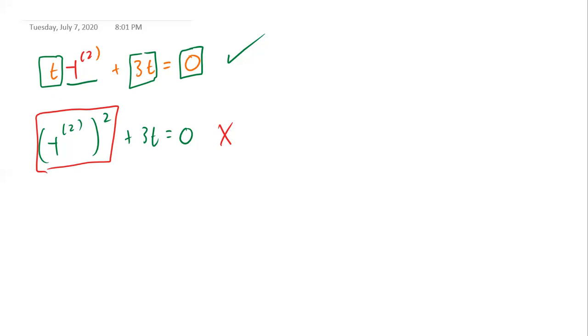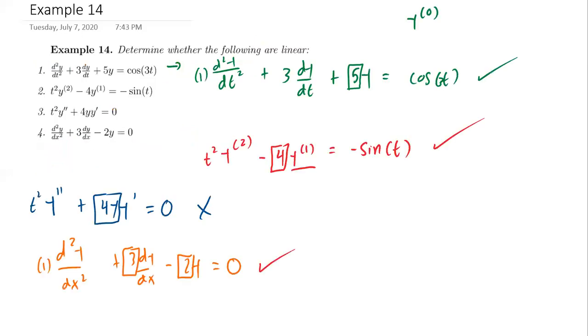And that's basically it. It is kind of hard to see at first, but the best algorithm is to look at your equation, find all derivatives, and look at the coefficients of those derivatives. Do they involve only independent variables and constants? If they're not involving the dependent variable, which in this case is y, then you're good.